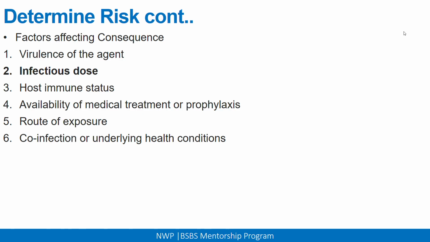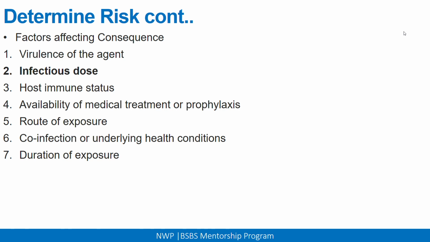So if you have a co-infection, or you already have an underlying condition, and you now get infected with another bacterial agent, it means that you have two conditions that your body is supposed to fight, and therefore the severity of the consequence will be greater as compared to someone who has no co-infection or underlying conditions.